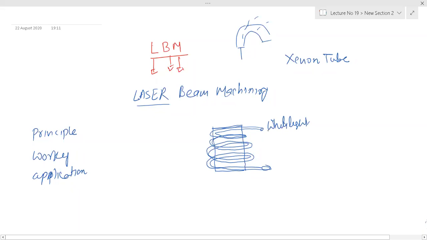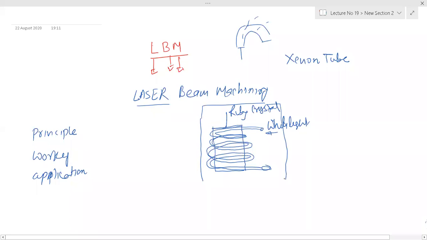White light goes, right, and it falls on the ruby crystal. So this is a ruby crystal. And we keep it in a chamber.